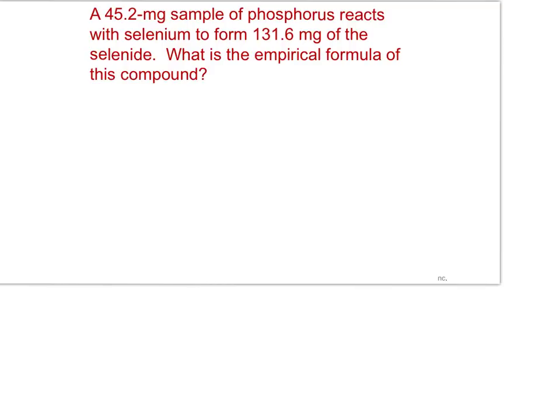Here's another example of a typical empirical formula problem that you might encounter, where this one differs from the previous one is you're not given percentages of your components.